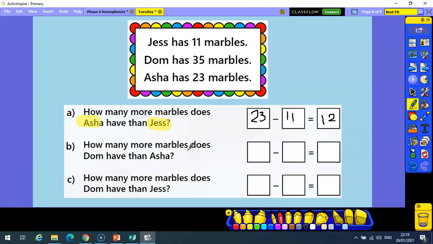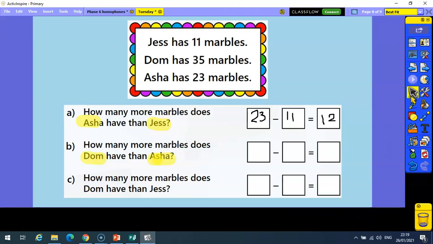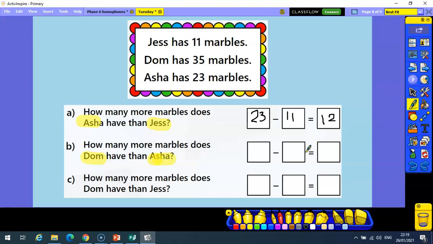How many more marbles does Dom have than Asher? So now we're talking about Dom and Asher. Have a go at that one. Dom has 35. Asher has, how many does Asher have? 23.